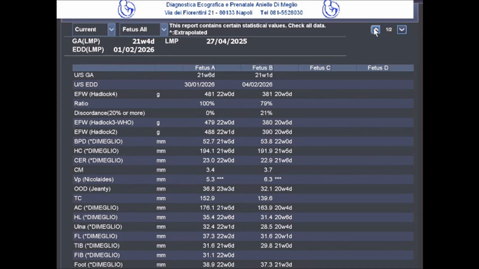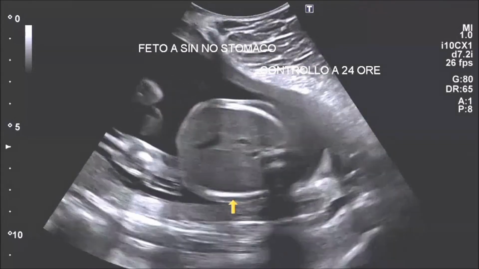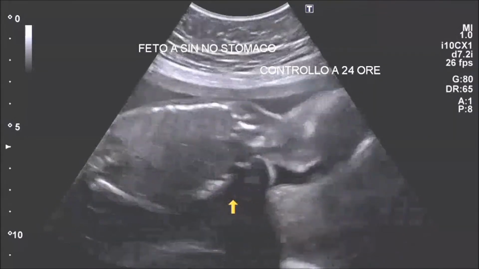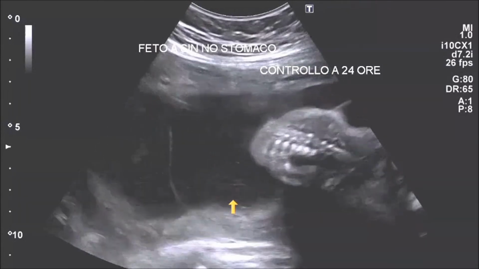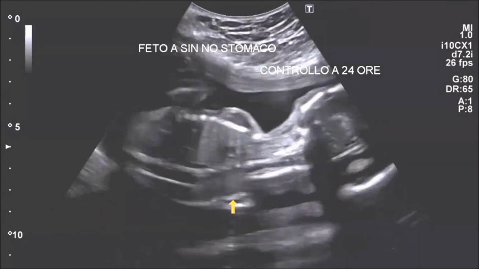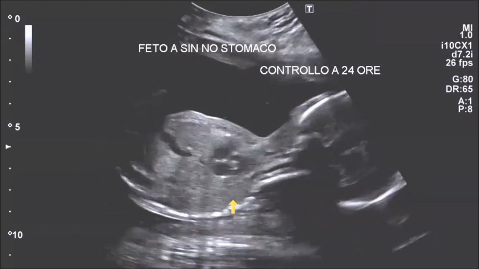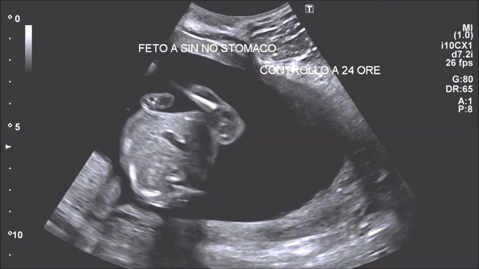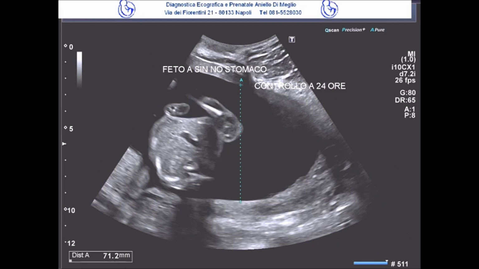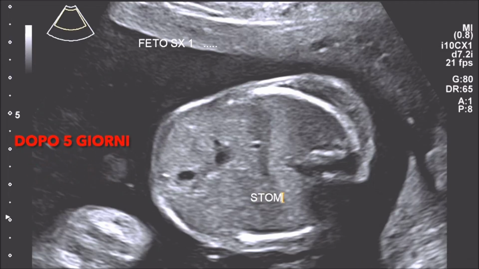At the 24-hour check, the absence of the gastric bubble in the fetus on the left was confirmed, as well as the suspicion of esophageal atresia without fistula. Then, when evaluating the amniotic fluid, it was found in this case to be at the upper limit for the gestational age. As a precaution, in these cases, the fetus must always be checked repeatedly to be certain of the diagnosis.